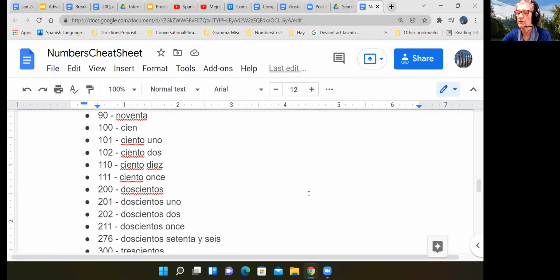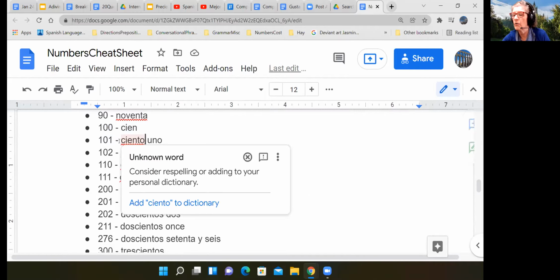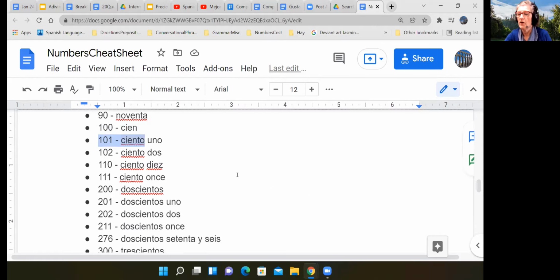That's what they use. And then our bigger numbers, ciento. Bien? Ciento, it goes to the shorty word cien if it's only 100 by itself. But anytime you add something onto the 100, it goes into that longer word of ciento.